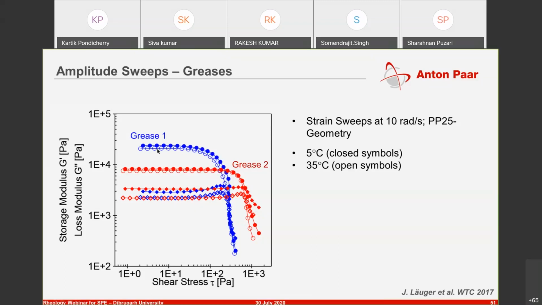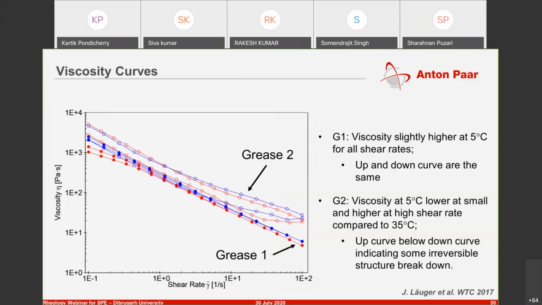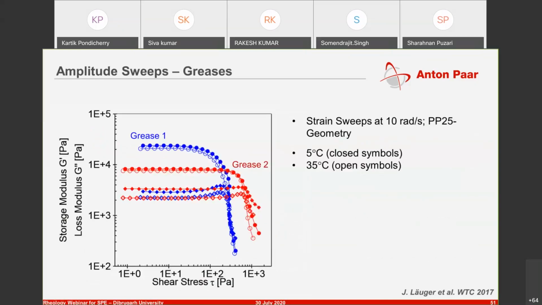What is different, however, is that this has a higher G prime, but it also starts to flow at an earlier point. So if you're looking at the absolute values of viscosity, you can say that grease 2 has a higher viscosity than grease 1. But in principle, where do these things matter? So greases are used as lubricants in components which are actually moving against each other.